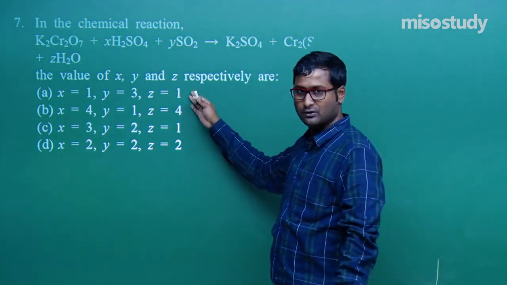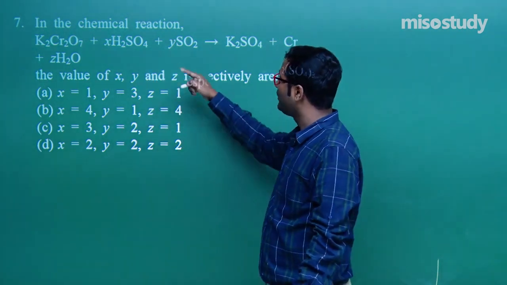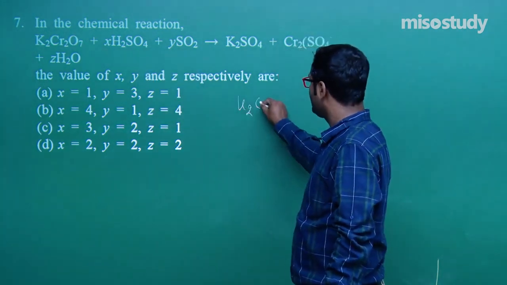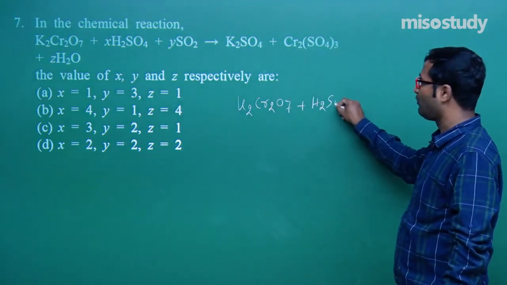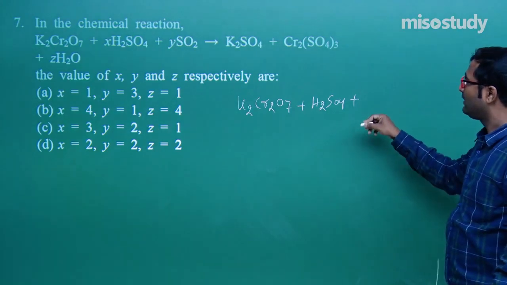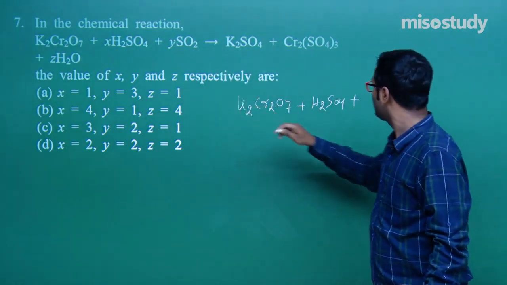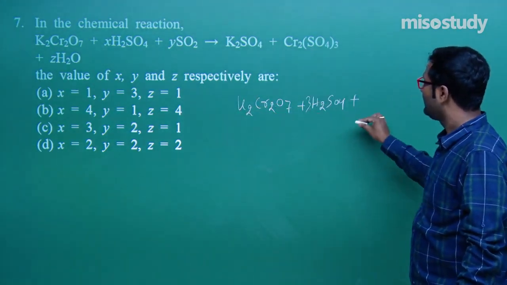If I use the first option, x is equal to 1, put that in: K2Cr2O7, okay. Then H2SO4, okay sir. Then y is equal to 3, put here 3.